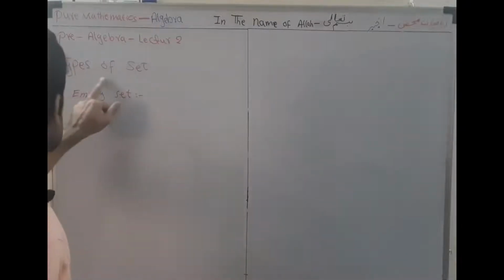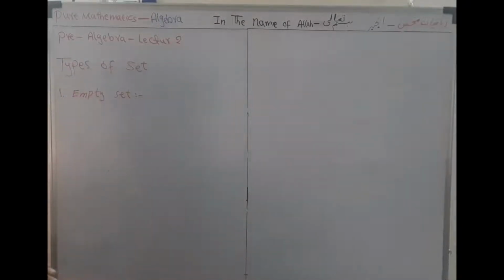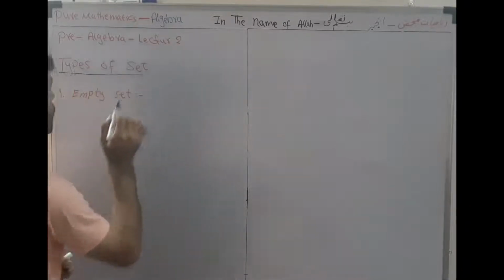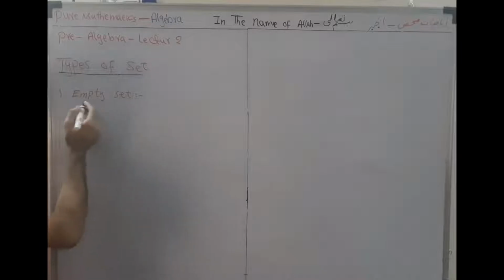Next title is types of set. Here we want to explain the types of set. First one is empty set.